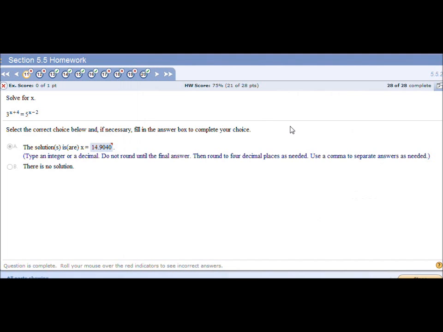Notice that, and let me annotate this one more time just so you can see what they're asking for here. Type an integer or a decimal, do not round until the final answer. So that is why I use that whole nasty result of the calculator. Then round to 4 decimal places as needed. Use a comma to separate answers as needed should you have more than one answer.